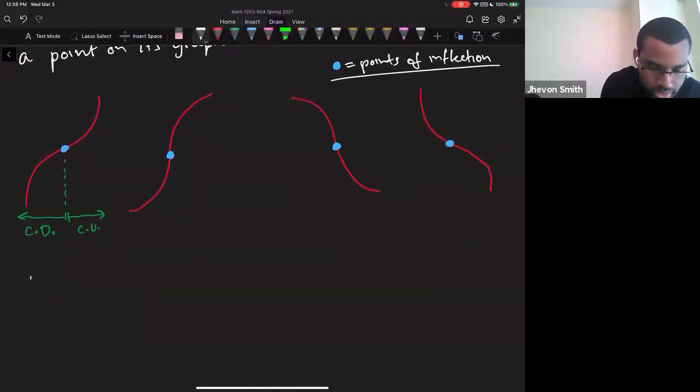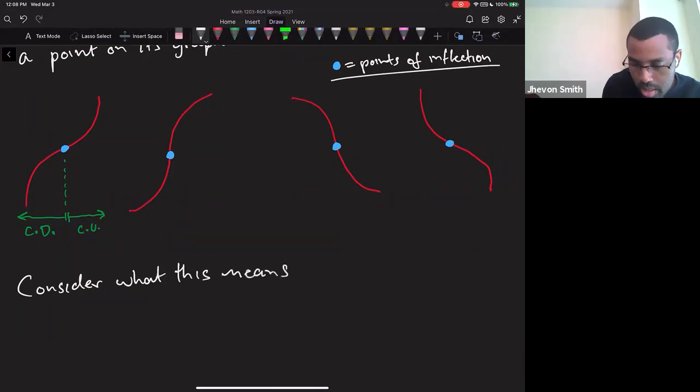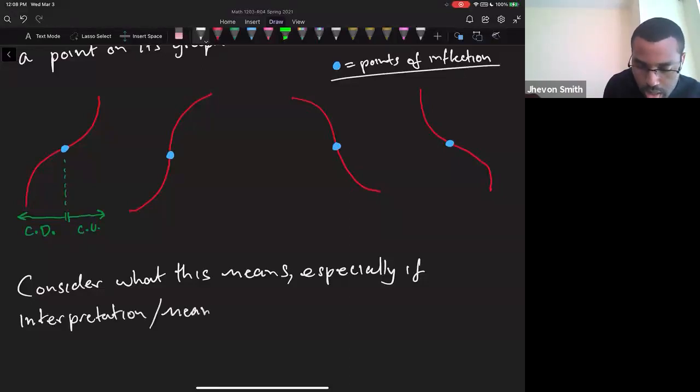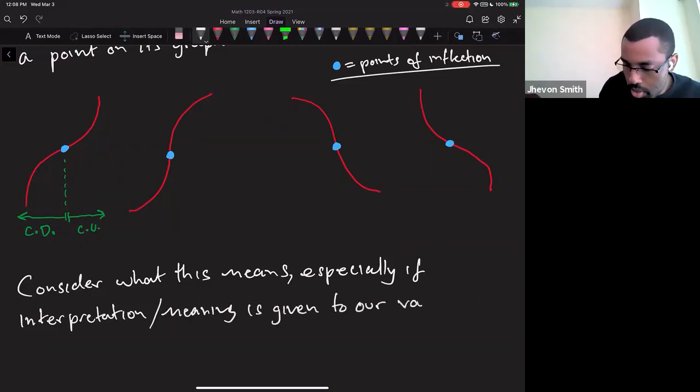Now, I want you to consider what this means, especially if interpretation, meaning, is given to our variables.